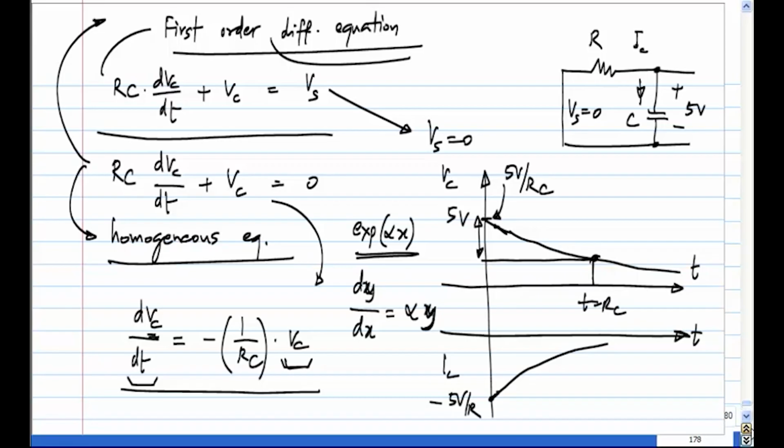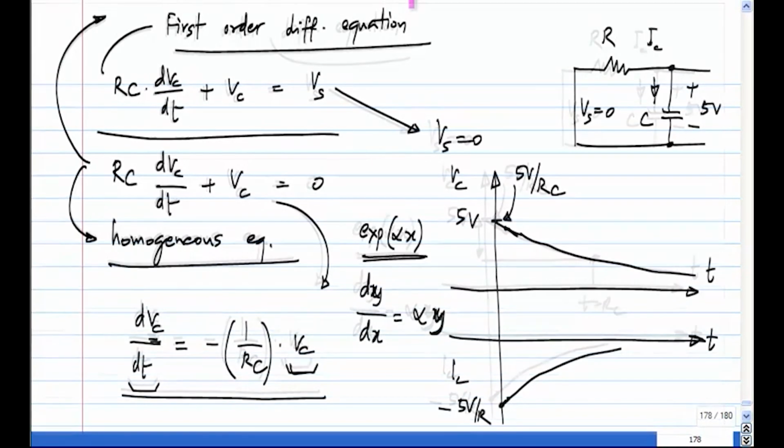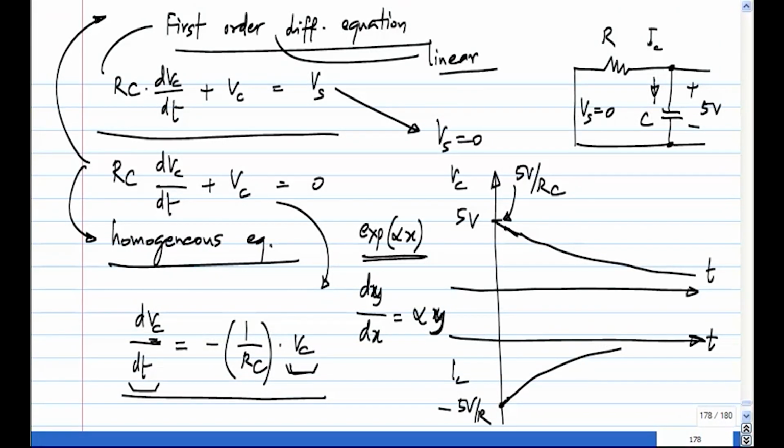I forgot to mention that particular term. So this is not just a first order differential equation, this is a first order linear differential equation. Okay, because we have Vc and the derivatives of Vc, but we don't have squares of Vc or squares of the derivatives, etc. Okay.